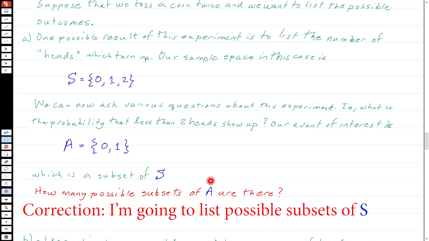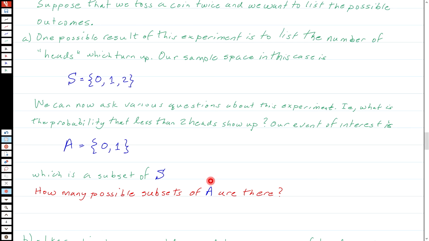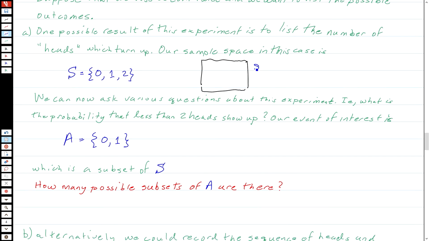Let's just draw a little picture here. Our sample space is going to look like this, and this is what we call S. It basically is divided into 3 regions that look something like this. So again, if I throw my dart and it lands in the region denoted by 2, it means I got 2 heads.